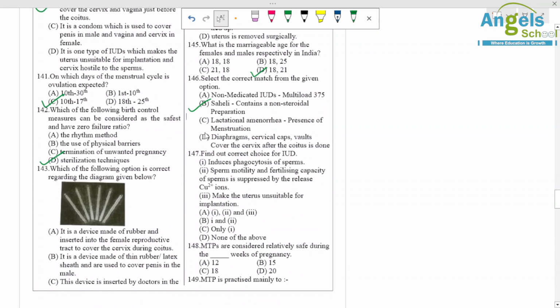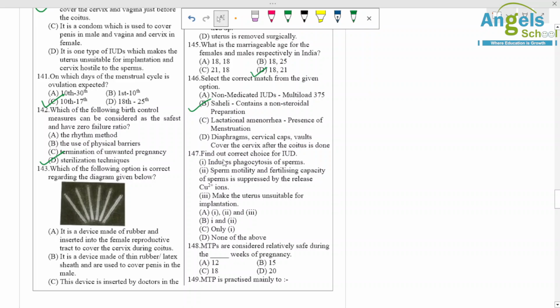Lactational amenorrhea with presence of the menstrual cycle is wrong; the menstrual cycle is absent during lactational amenorrhea in the first 6 months. Diaphragm, cervical cap and vaults cover the cervix before coitus, not after, so they are not required after coitus. Before coitus it must be present. So option B is correct in 146.